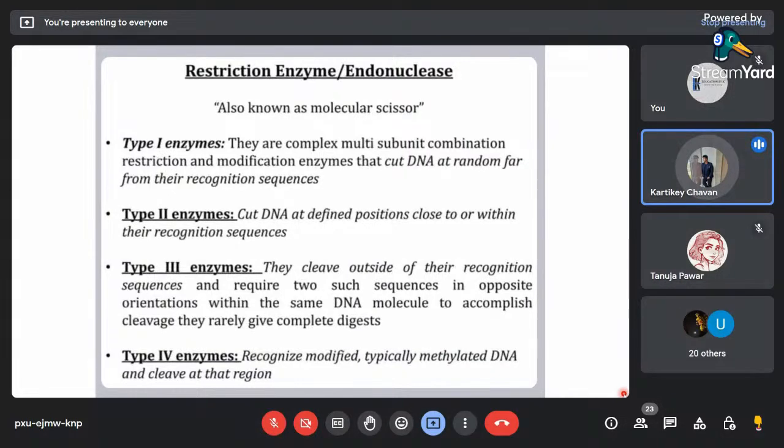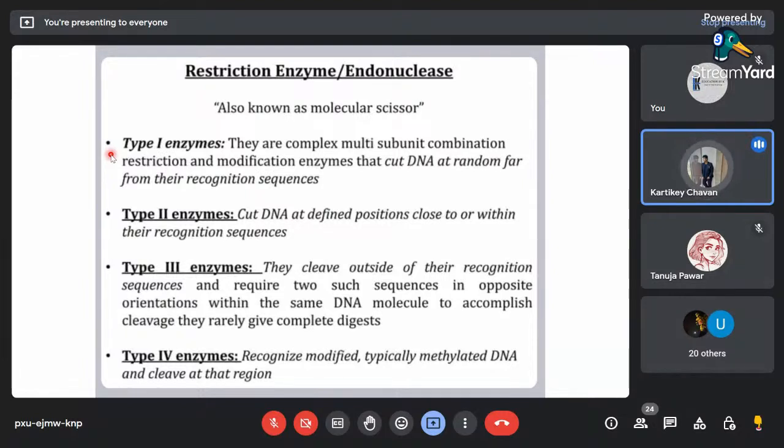A restriction enzyme, or endonuclease, is also known as a molecular scissor. There are normally three types of restriction enzymes: type 1, type 2, and type 3, and the fourth one is type 4. Type 1 enzymes are complex multi-subunit combination restriction and modification enzymes that cut DNA at random, far from their recognition sequence.